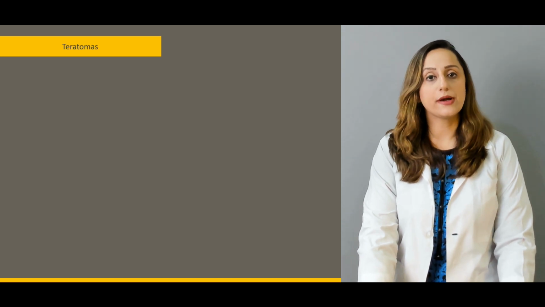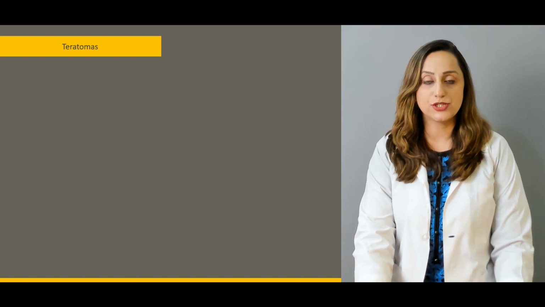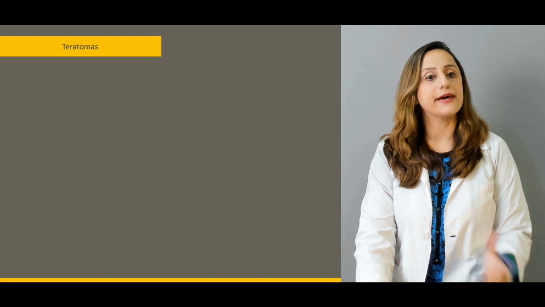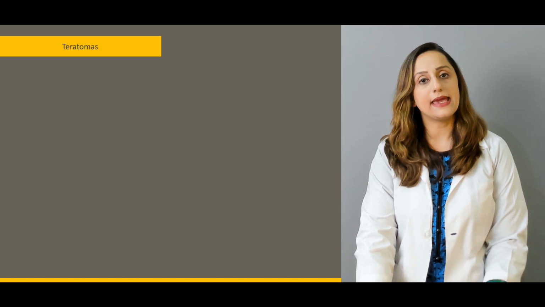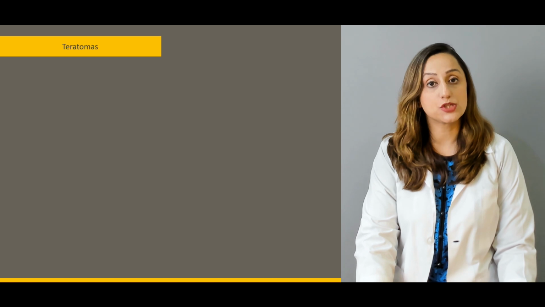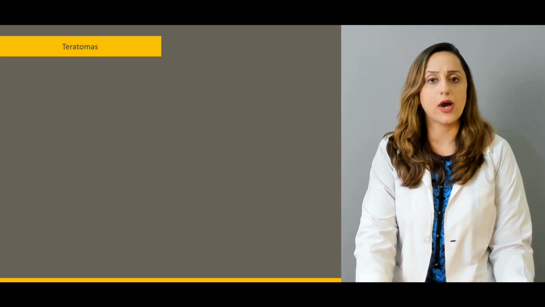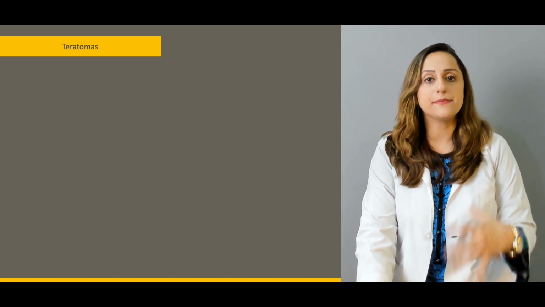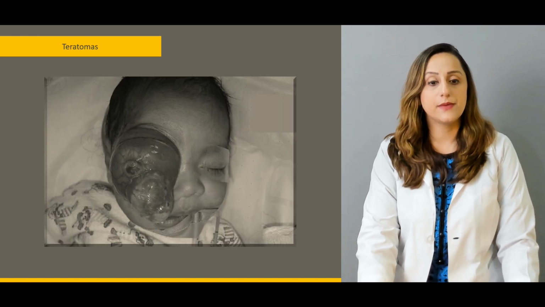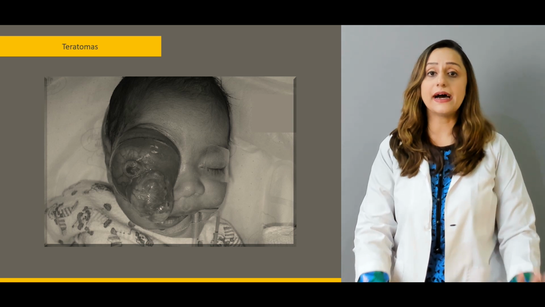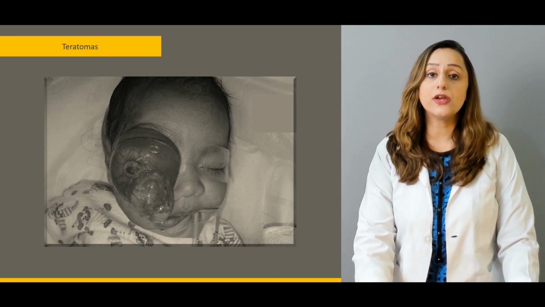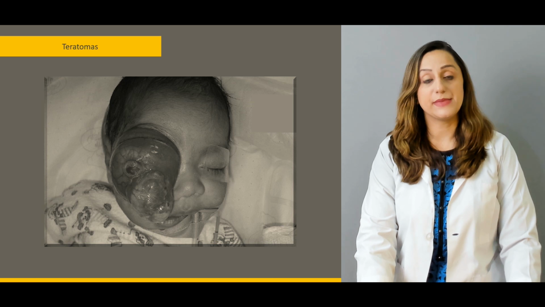Then, mainly when we talk about the embryonic stage tumors, we come across the teratomas. When we use the word teratoma anywhere in the body, we're talking about all three developmental layers of the embryonic stage. Sometimes it can be a very horrific picture in an infant.